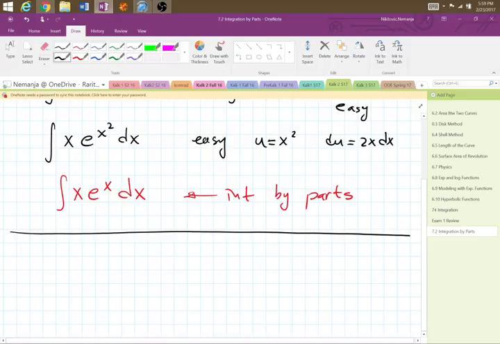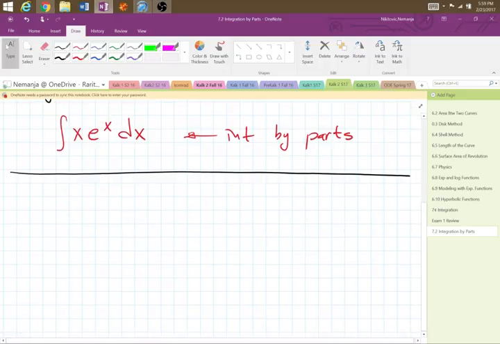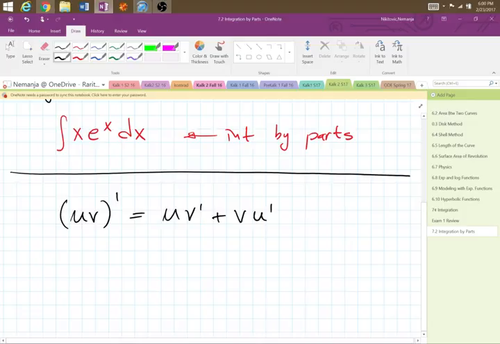Since I already told you that this is the backwards product rule, let's develop the formula starting at the product rule. We know that the derivative of u times v is equal to u v prime plus v u prime. That was the formula which you memorized.